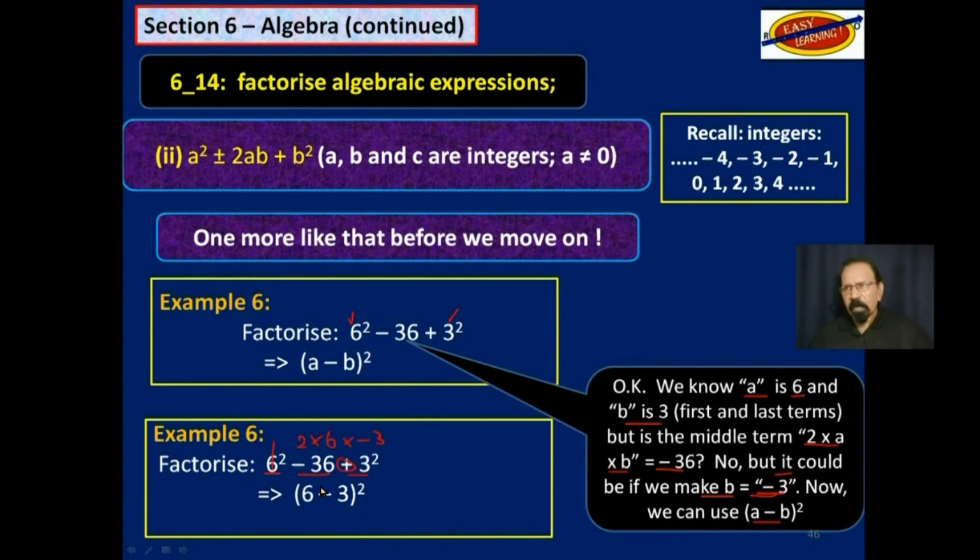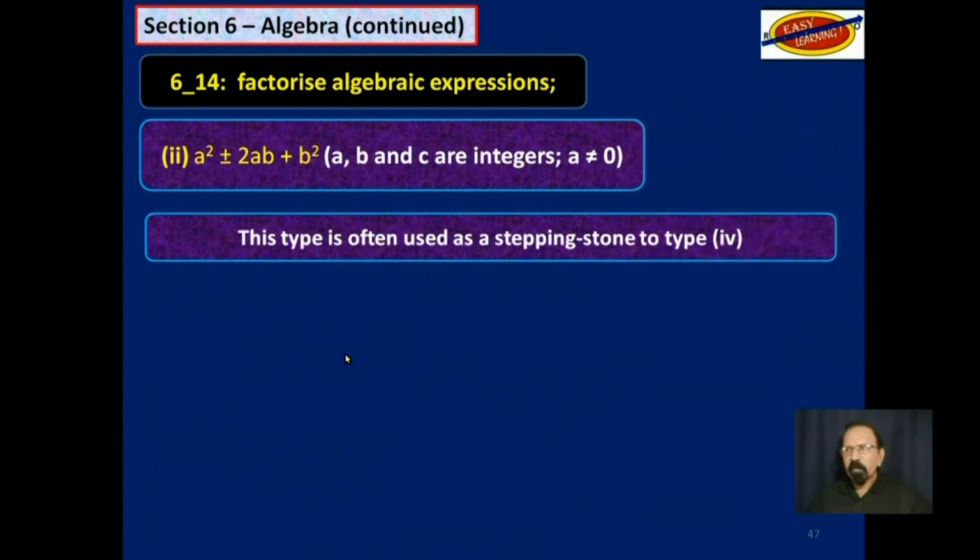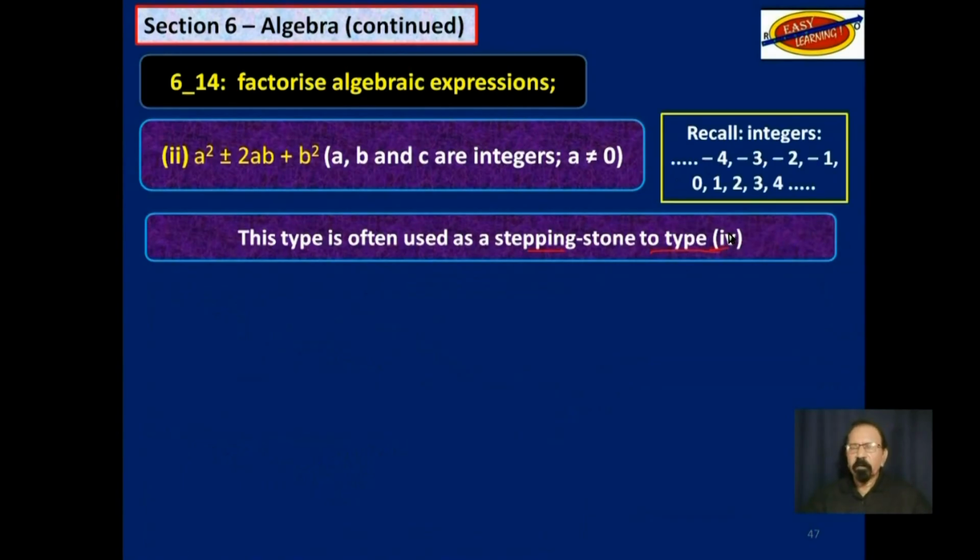So it is A squared minus 2AB plus B squared. So it is 6 minus 3 squared. So if you see an expression like A squared minus 2AB plus B squared, this is how it will be factorized. Often, this type is used as a stepping stone to type 4 that we will do in the next video.